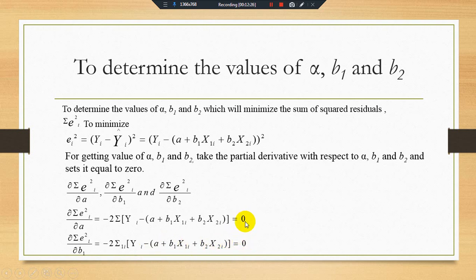Now the third part, the partial derivative of the squared error term with respect to b2, we get minus 2 summation of x2i into (yi minus (a plus b1 x1i plus b2 x2i)), and put this outcome equal to 0.